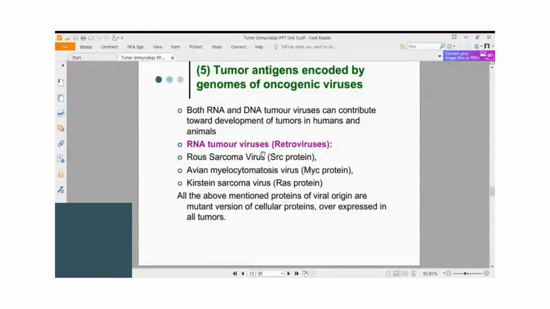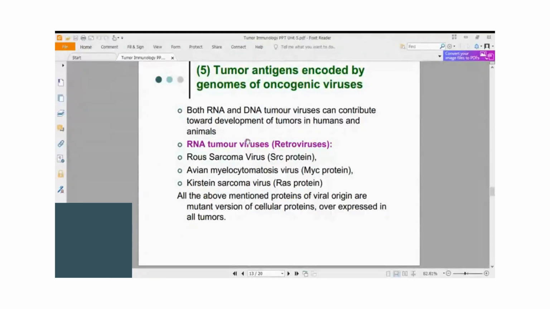But on the integration of the viral genome into the genome of the host, which is called insertional mutagenesis, new proteins are produced in an unregulated manner, or proteins with differences in amino acids. This helps in recognition of the tumor because these proteins are expressed, processed and presented on class 1 MHC, which targets these tumor cells by the CTL and NK cell response.